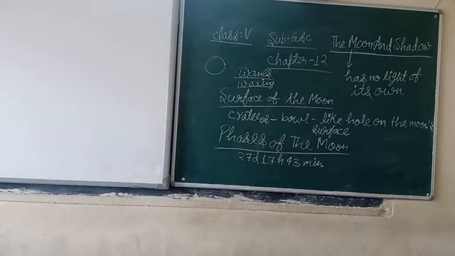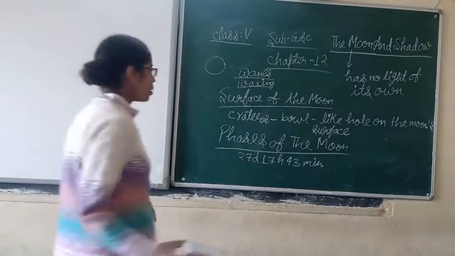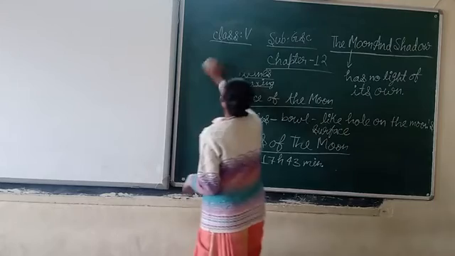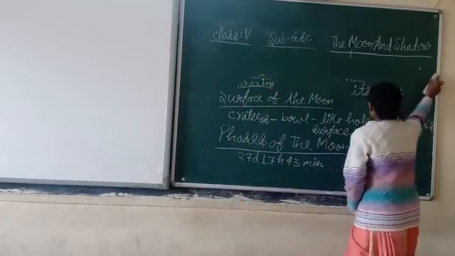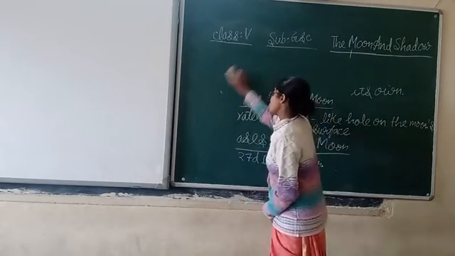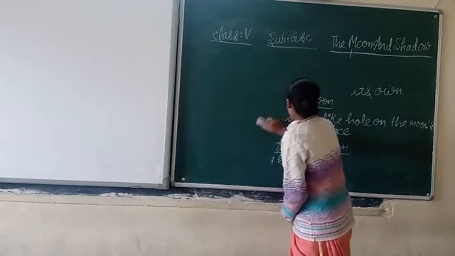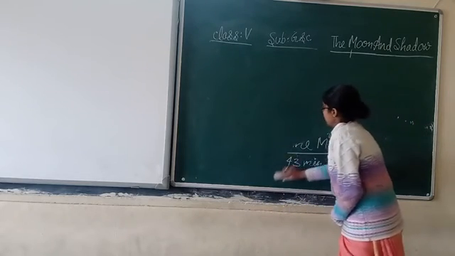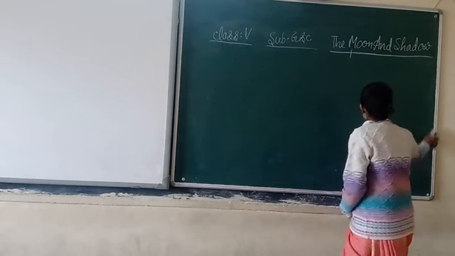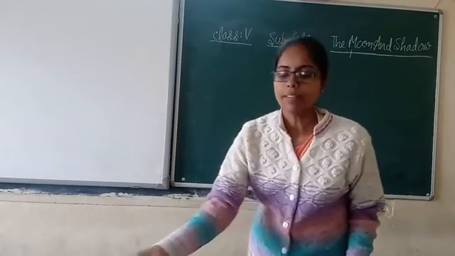Just remember these two terms. Waxing. Waxing means what? Size is increasing. Waning. Waning means size is decreasing. Now we will study about the man on the moon. Different astronauts go to the moon for studying different aspects of life there.